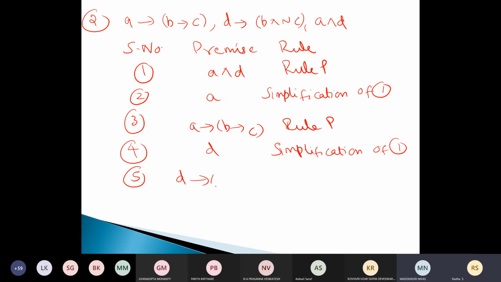D tends to B and not C, rule P. I'm introducing this. Then using this and this, I'll get B and not C. What is that? 4 and 5 I'm using. Modus ponens. Using modus ponens on 4 and 5.